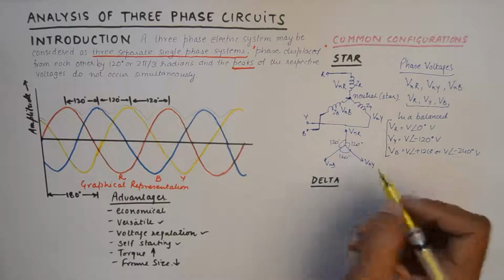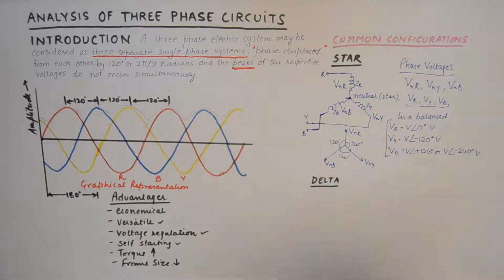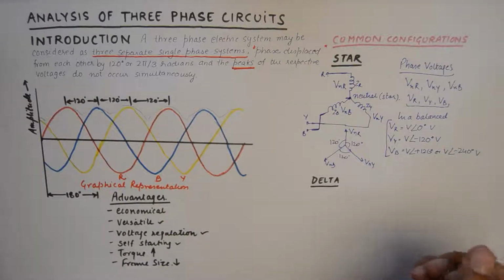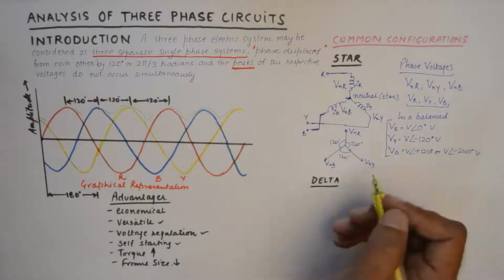So this is the phase voltage, and phase voltage essentially involves the voltage of a particular line with respect to the neutral point. It is super important to understand that phase voltages correspond to the voltage of a line with respect to the common star neutral point.